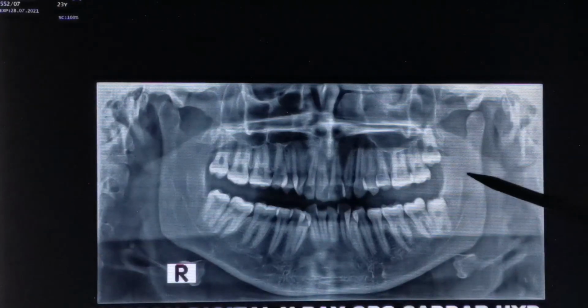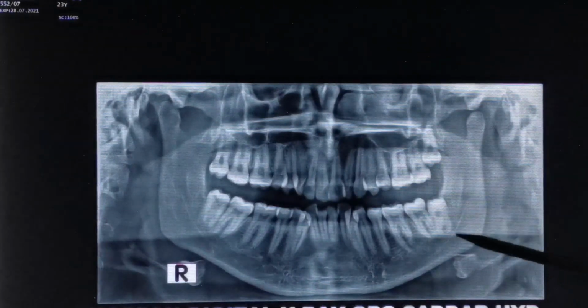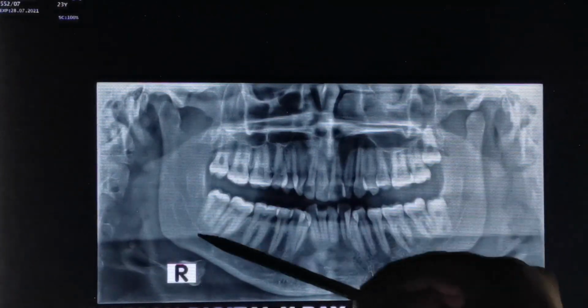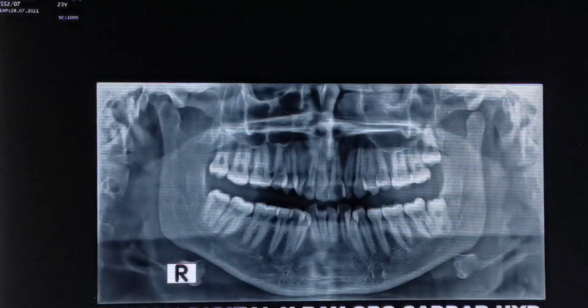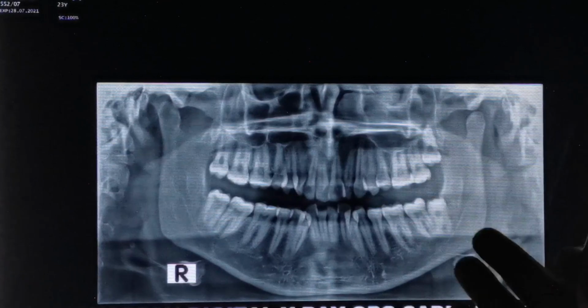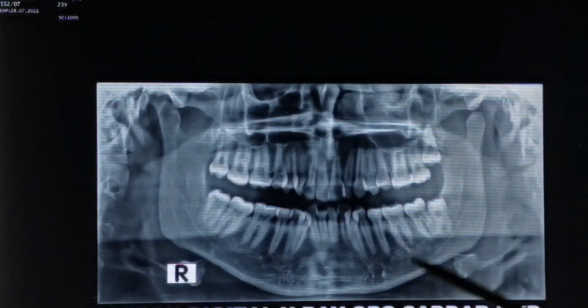Inside the mandible, you can clearly see a line, a kind of tunnel or canal. This is the inferior alveolar nerve canal, where the nerve passes through and gives sensation to these teeth.